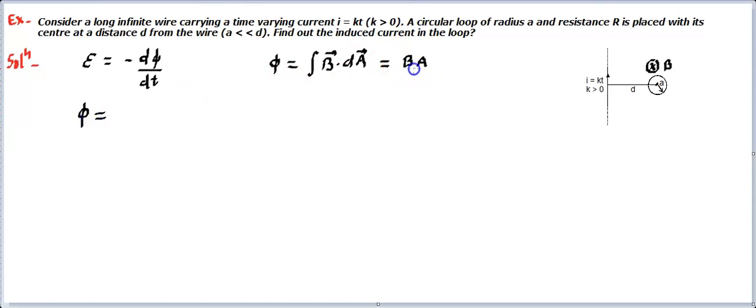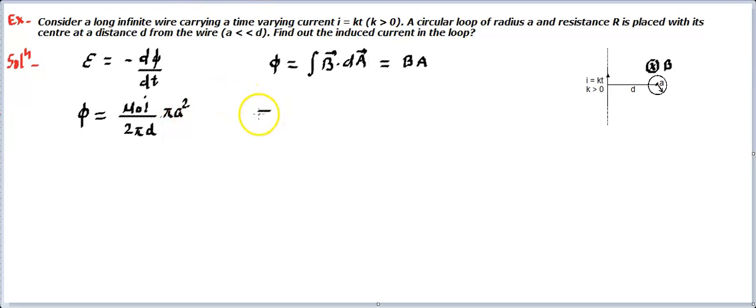Now we need to place the value of the magnetic field due to the current carrying wire. It goes like mu naught I divided by 2 pi d. Mu naught, pi and d are constants, I is time varying, so the magnetic field varies. Multiplied by the area, which is pi a squared because a is the radius.